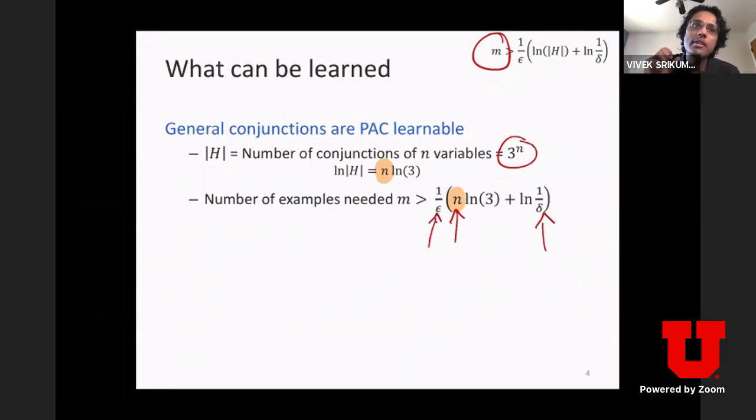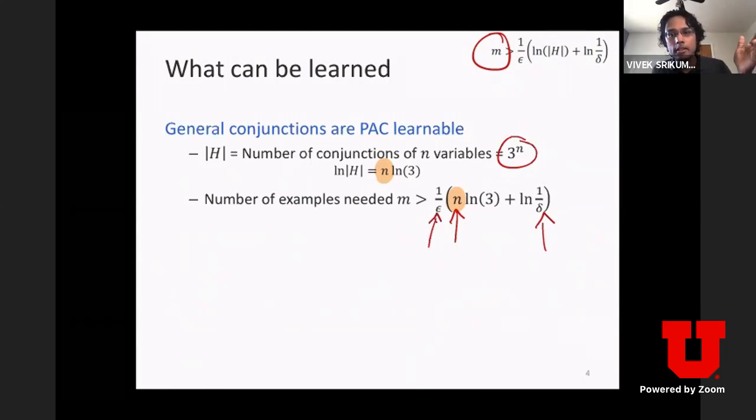We split it into PAC learnable, which means, does there exist such a thing? Are m examples enough to discover such a hypothesis? And then there's a second part which talks about the computational complexity. Can you find such a hypothesis in a reasonable, polynomial time that actually achieves this approximation guarantee?